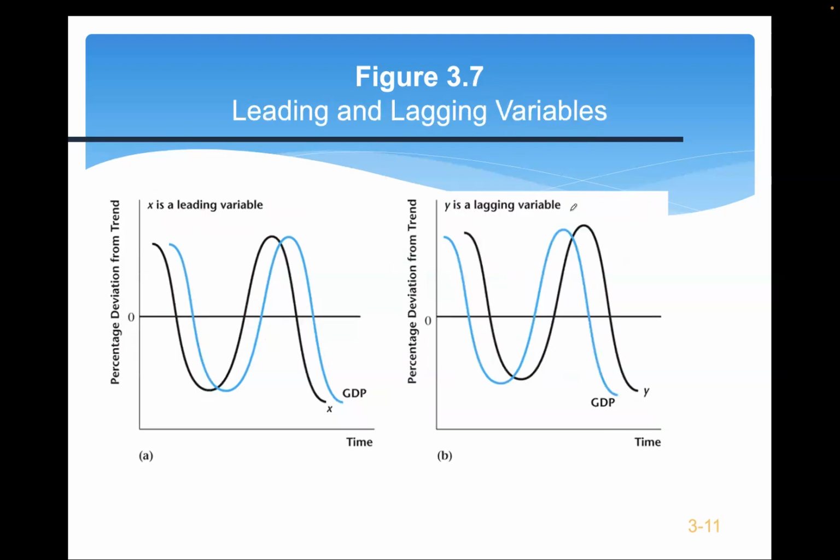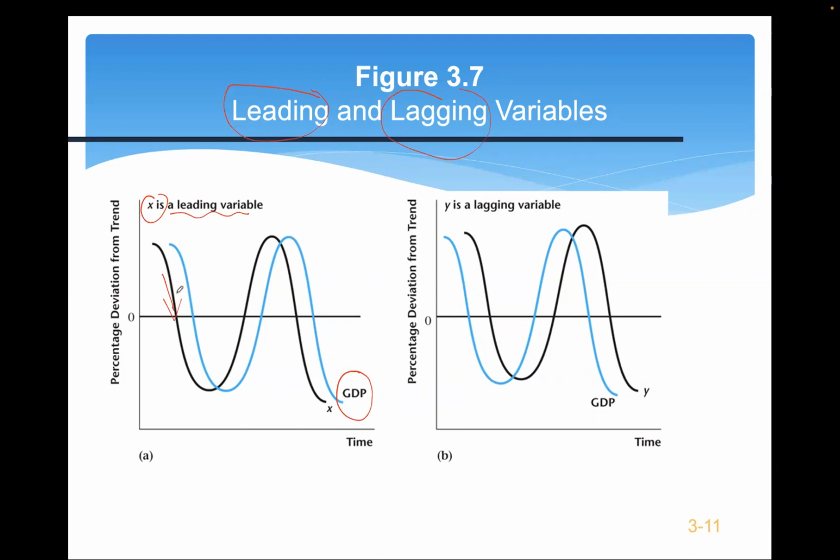The other way to look at the relationship between two variables is to see their leading or lagging. What does this mean? Here we have an example. X is a leading variable. So here GDP is one variable. Now X, if you look at X and GDP, when X falls, usually it's going to help us to predict the direction of GDP.